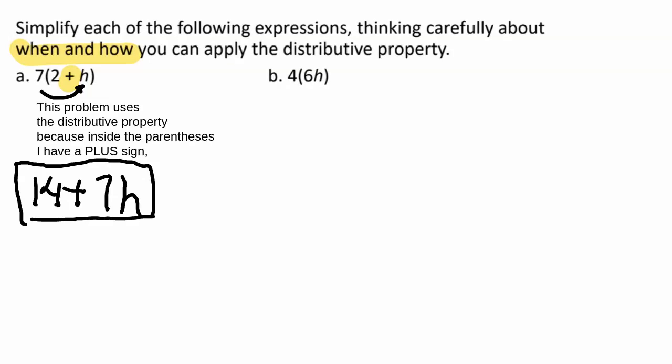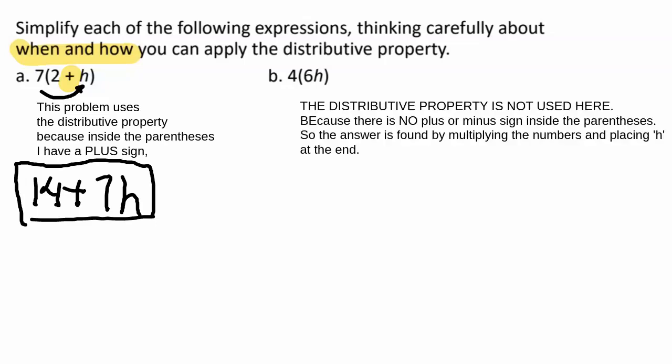So the answer is found by multiplying the numbers and placing H at the end. So I'm going to take the 4 and the 6 and multiply them. This is going to give me 24 with an H at the end. No distributive property. Okay.